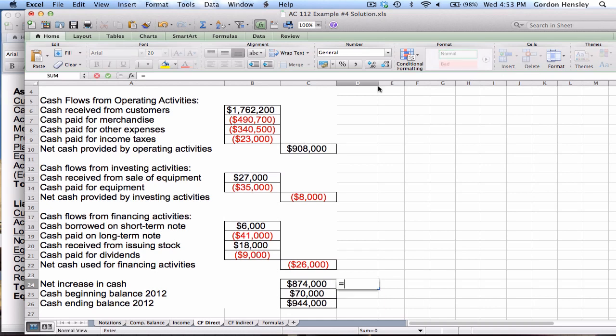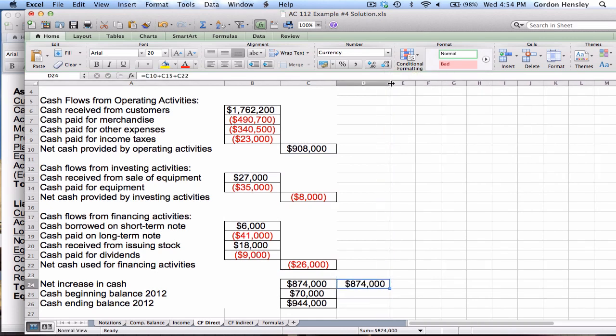I want to net those 3 together. And when I do that, what number do I end up with? 874,000, which is exactly the same as the net increase in cash.